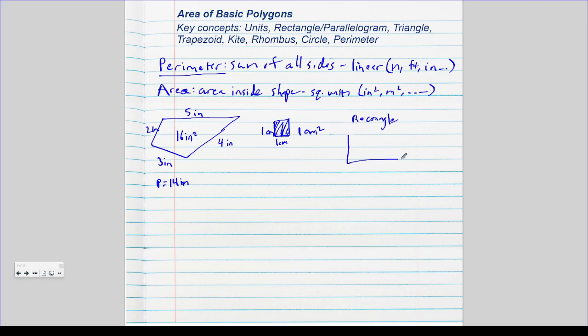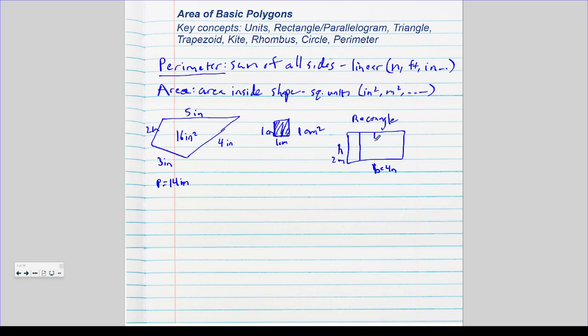A rectangle has 2 dimensions, whereas a square only has 1. It just has a single side length. A rectangle has a length and a width, or a base and a height, either way. So we'll call this the height and this the base. And we could say the base is, say, 4 meters, and the height is 2 meters. We can think of breaking this rectangle down into little squares.